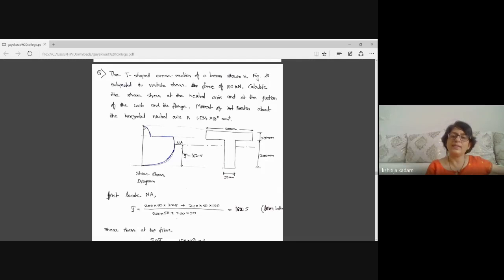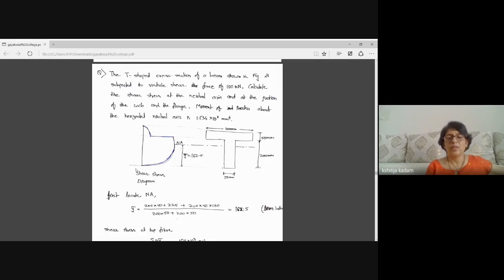Because shear stress has formula S multiplied by A y bar upon IB, where A y bar is the moment of area above that section. So about the topmost fiber, nothing is there. So A y bar for top fiber will be 0. So without doing any calculation, I know that at top fiber, shear stress is 0.